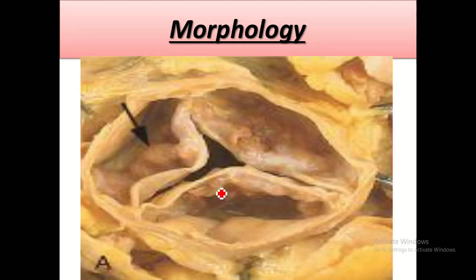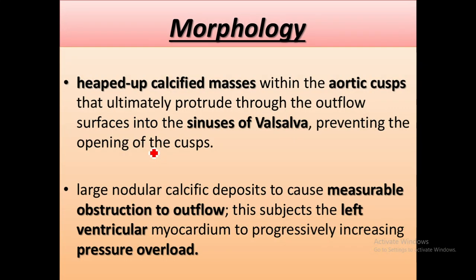As you can see in this picture, all these rounded masses are nothing but the calcium deposits in sinuses of Valsalva, and it interferes with the opening of the valve, resulting in stenosis. Large nodular calcific deposits cause measurable obstruction to outflow. This subjects the left ventricular myocardium to progressively increasing pressure overload.